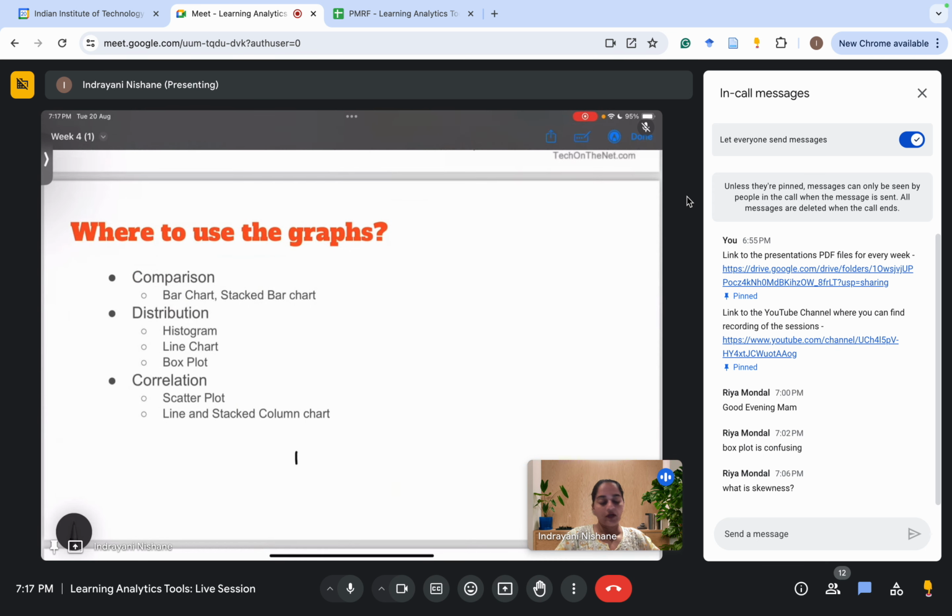Now, an important point: where to use which graph, right? That depends on what type of data you already have, what data you have collected, so the availability of data, and what information you want to convey.